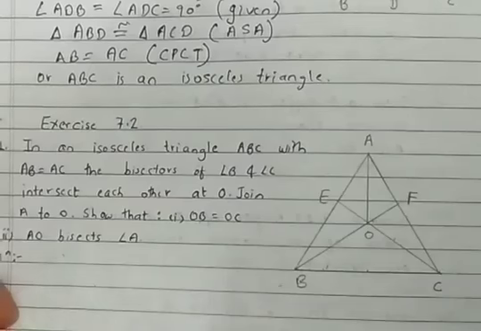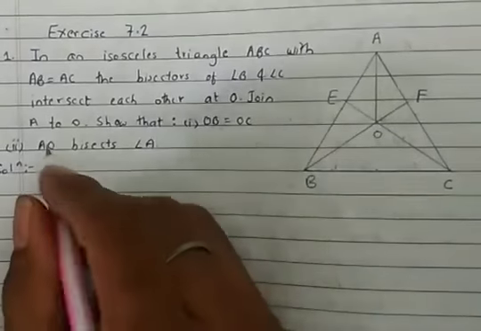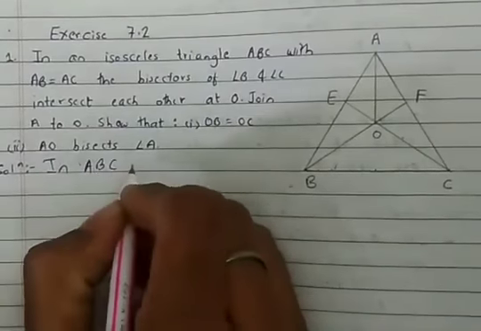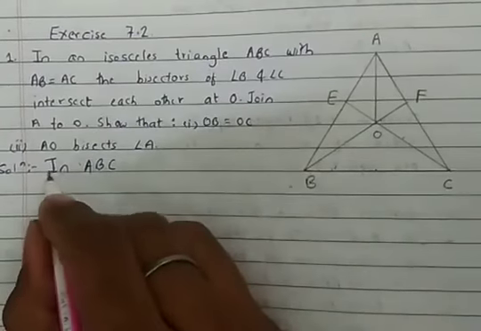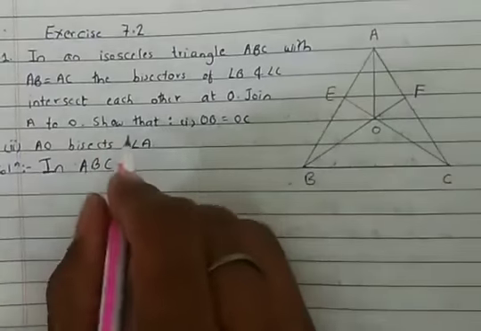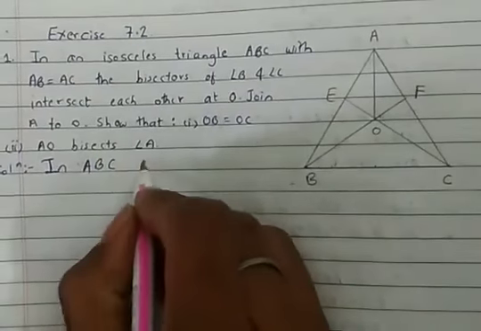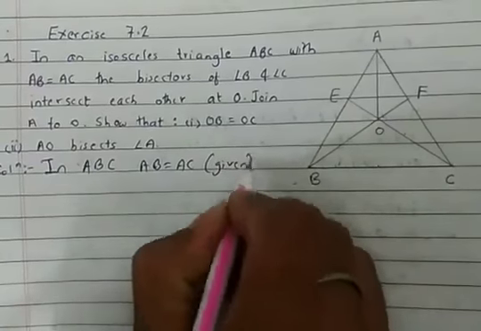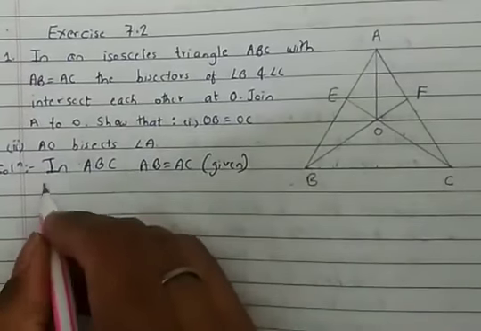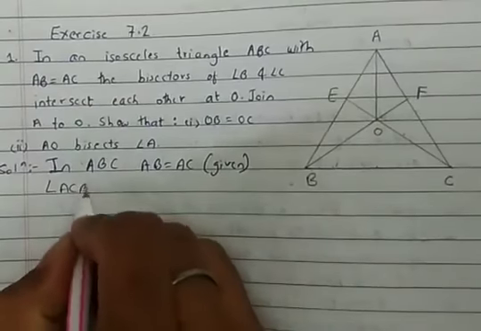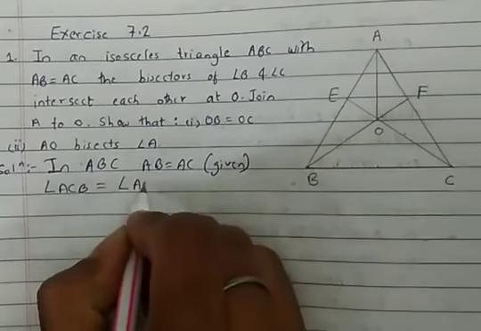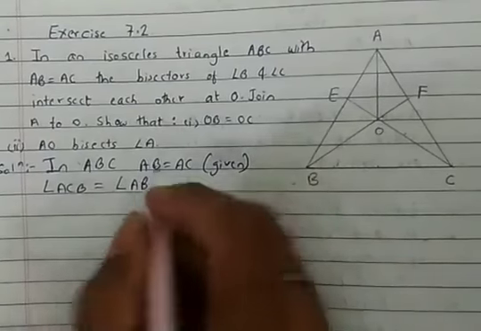So how will we start? Now in triangle ABC, what information is given? AB equal to AC. It is given. Now so you can say that angle ACB equal to angle ABC, right?